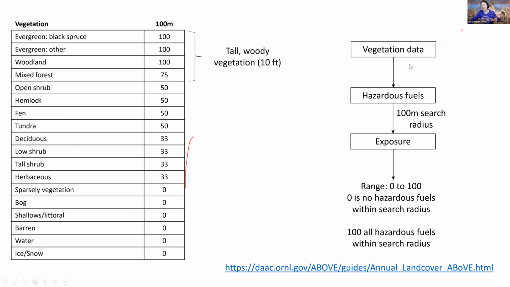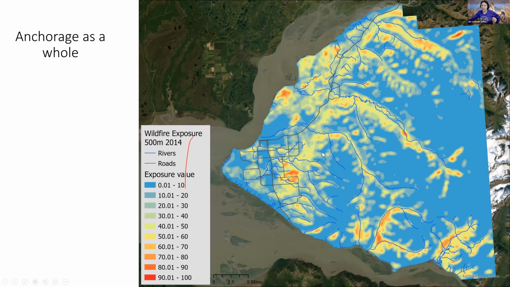And so you have this vegetation, you make your hazardous fuels maps using these values, and then you do your search radius to look at the average exposure value, this hazardous fuel value, in that circle. And it ranges from 0 to 100, with 100 being highly flammable, high exposure. So this is what Anchorage looks like overall.